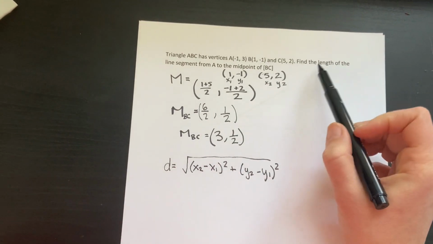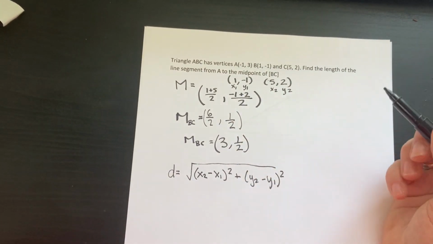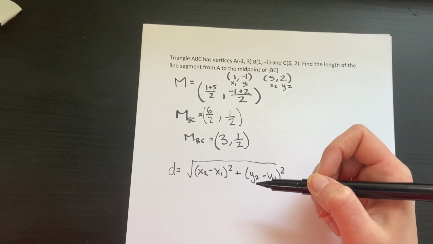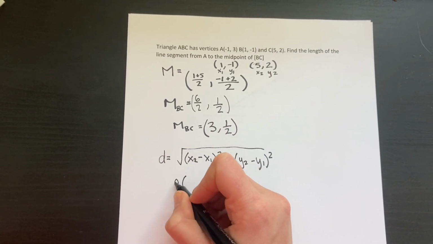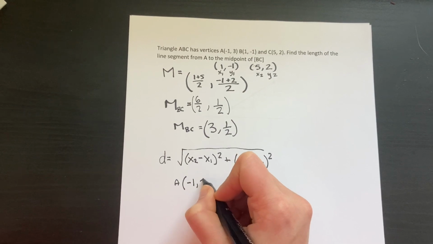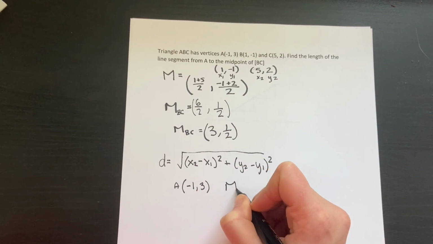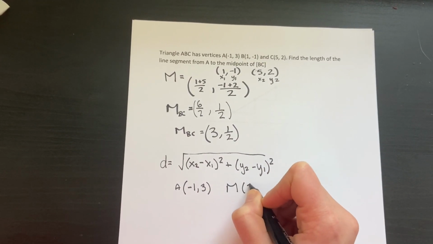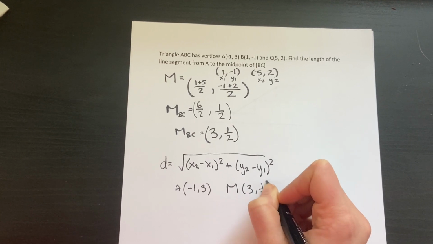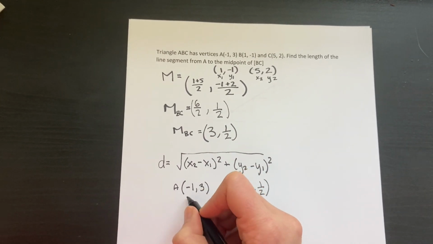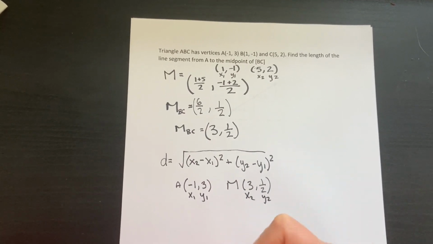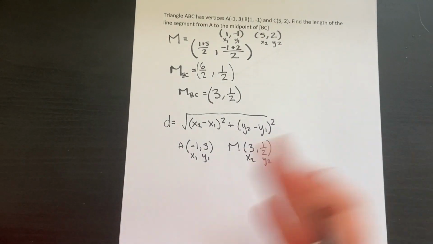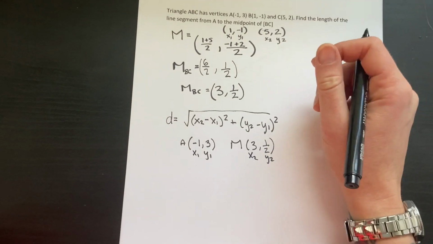If you're ever asked to find the length of a line segment, it's the same as asking for the distance between 2 points. So I'm doing this for point A, which is (-1, 3), and point M, which is (3, 1/2). Just name one x1, y1, and the other x2, y2, and we fill it into our distance formula.